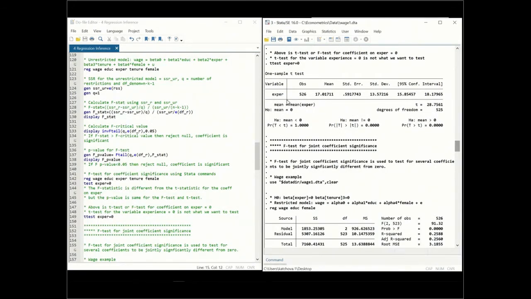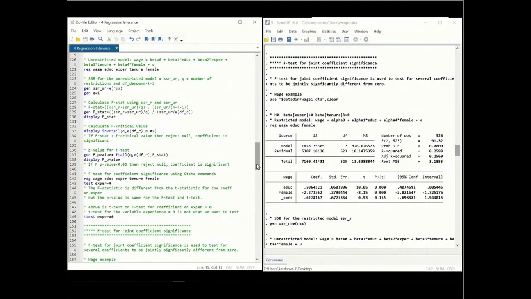The mean is about 17 years, how many years of experience a person has. So if we're doing the t-test for this variable, the p-value is very high because this number is certainly significantly different from 0. So again, not what we're doing here. We're testing whether the coefficient on experience is equal to 0, not the variable.